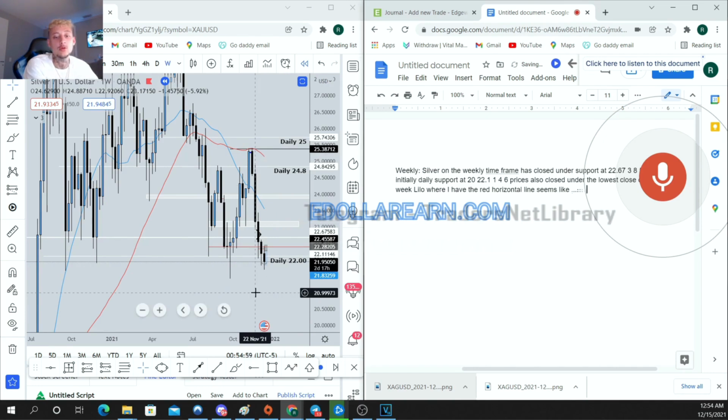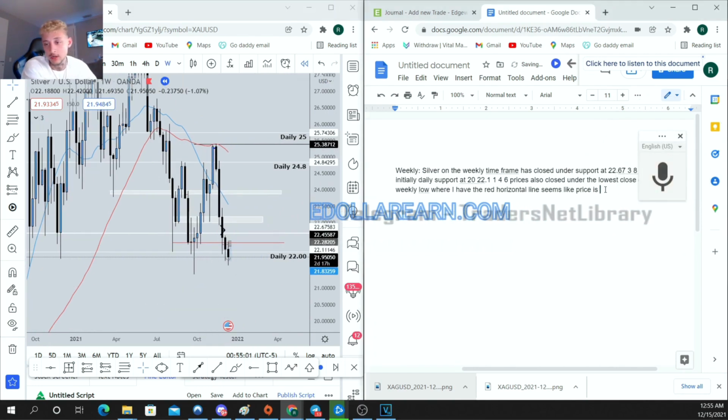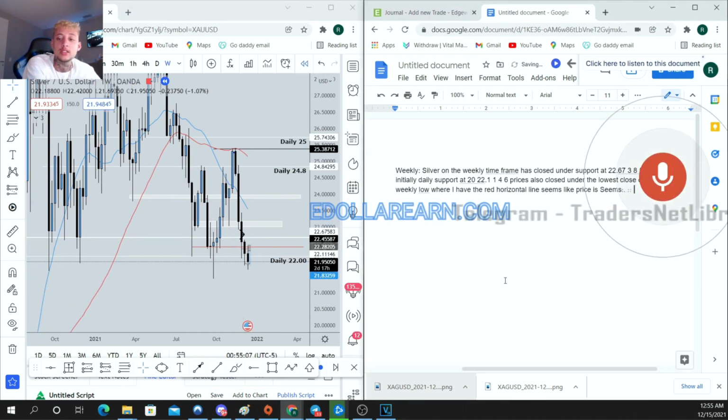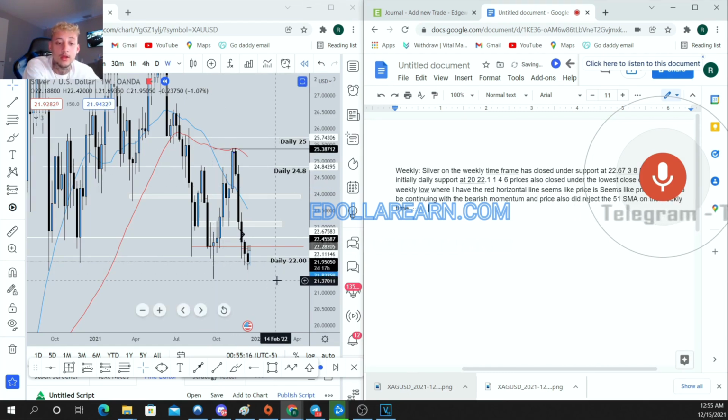Seems like price is going to be continuing with the bearish momentum, and price also did reject the 51 SMA on the weekly time frame.